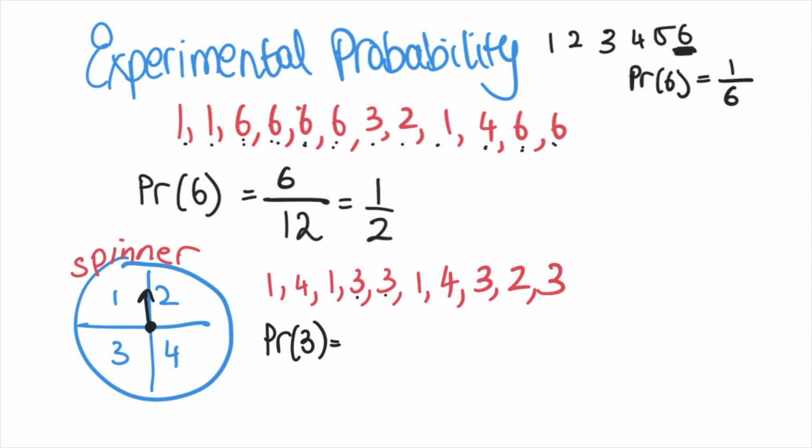Well, that would be 4 out of how many times did we spin this? 10. Oh, that's actually a bit different. That's 2/5. We thought it was going to be a quarter. So experimentally, it was different to our theoretical probability.